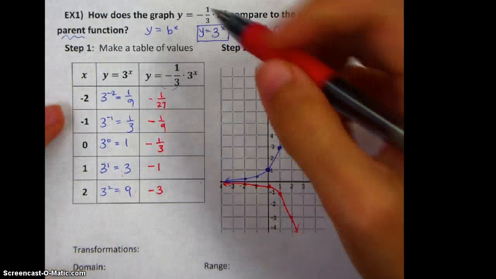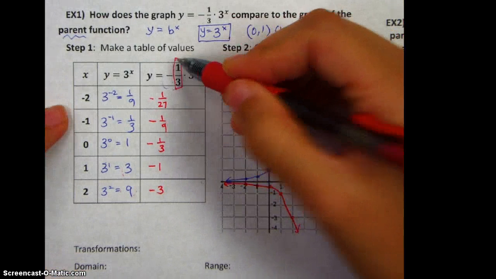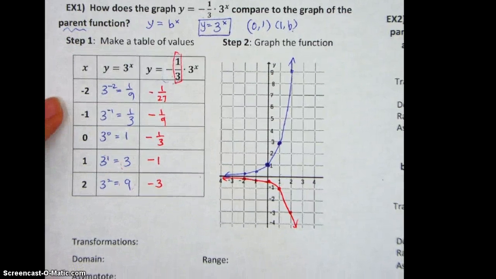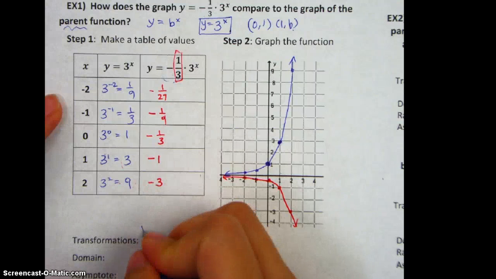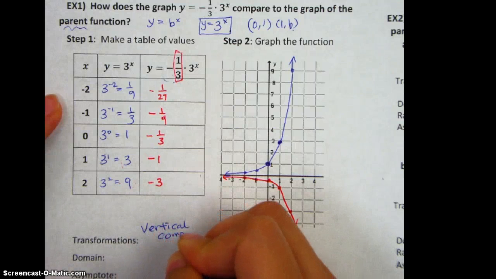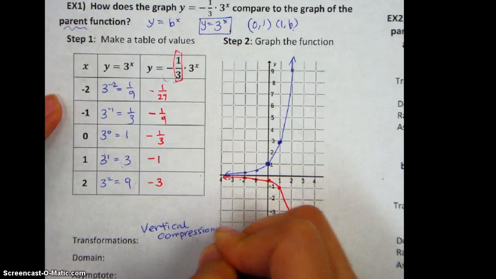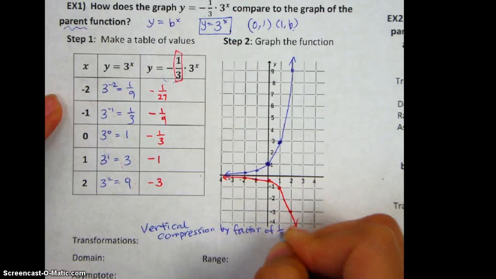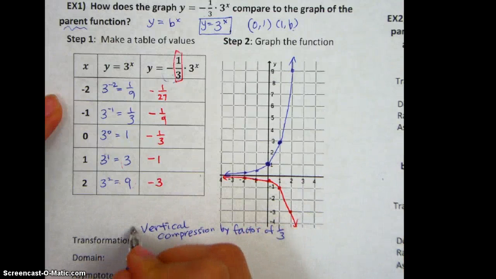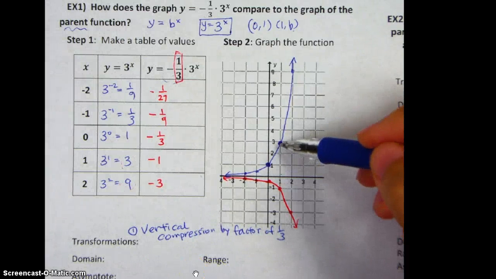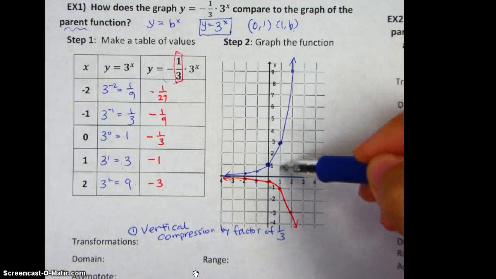Because the absolute value of 1 over 3 is less than 1, we have a vertical compression by a factor of 1 over 3. That means each point has been multiplied by 1/3.